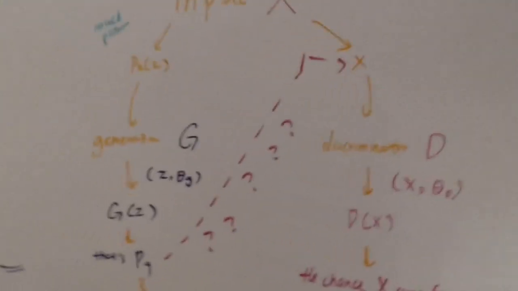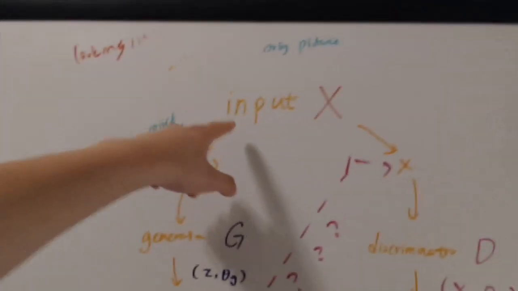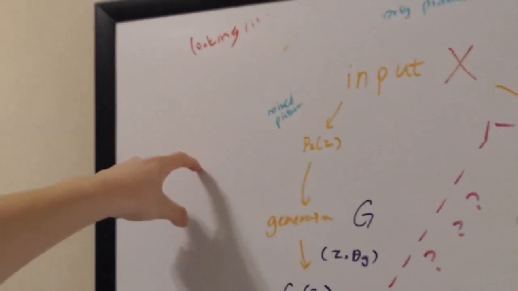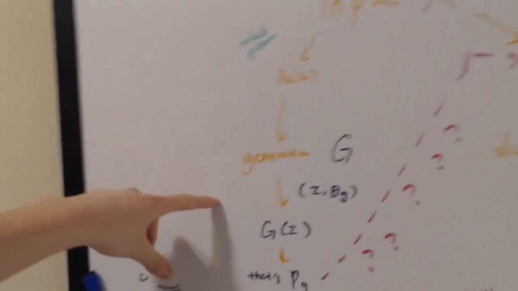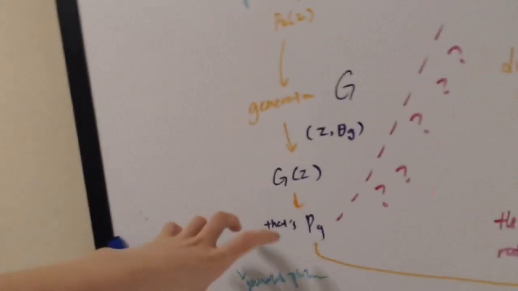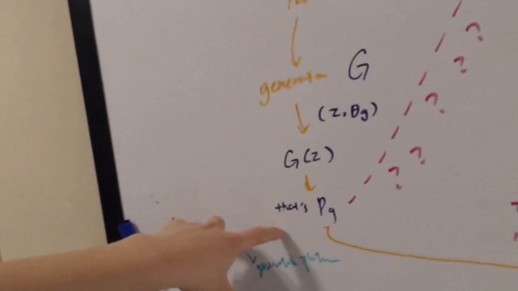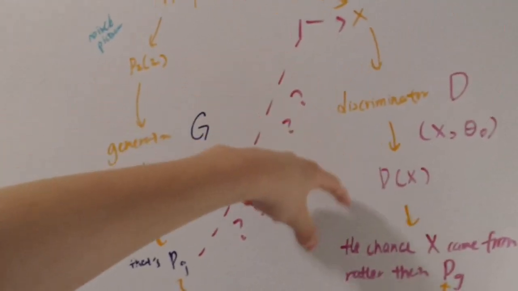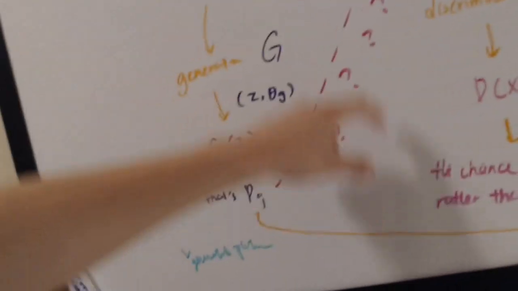So with that little part of the paragraph right there, this is the intuition I'm getting with generative adversarial networks. It seems like we have this input X, it can be noised and then fed into the generator G. The generator G is going to make a prediction, and it appears that the generator output is going to be fed into the discriminator, and the discriminator is going to determine whether it is from the original data or the generated data.